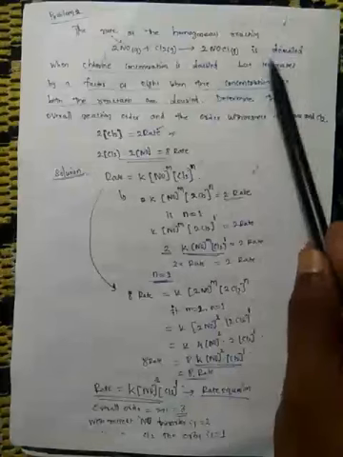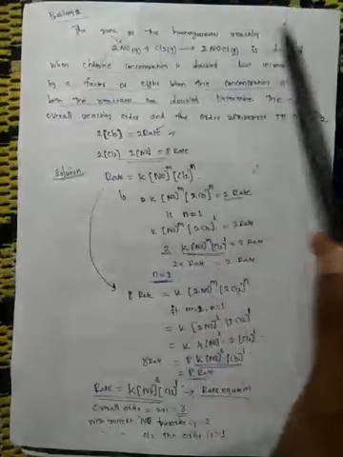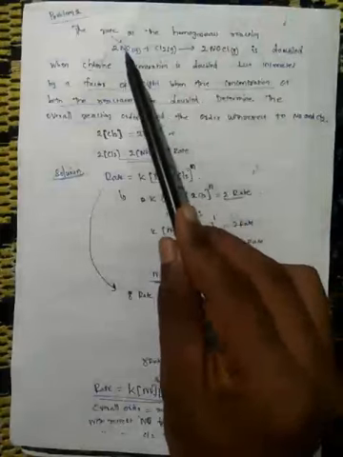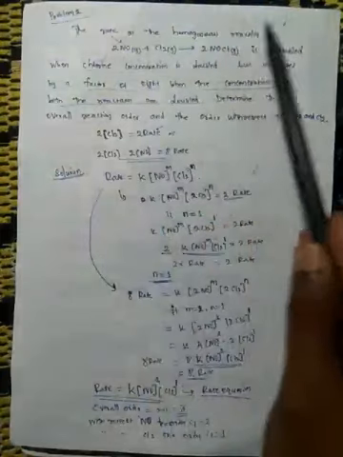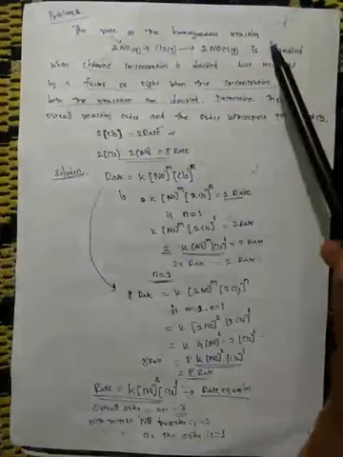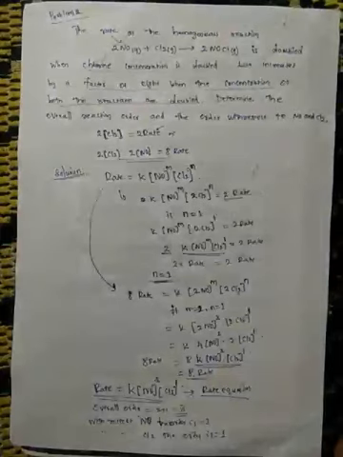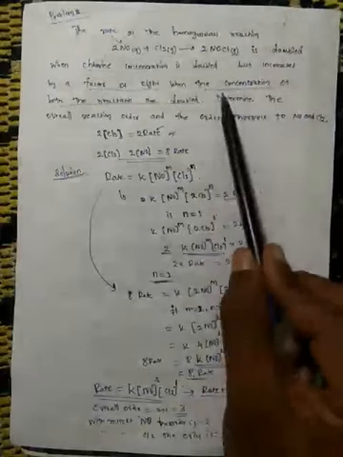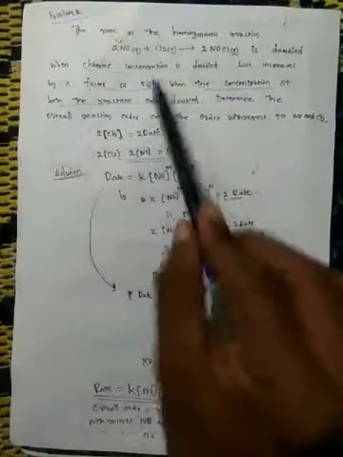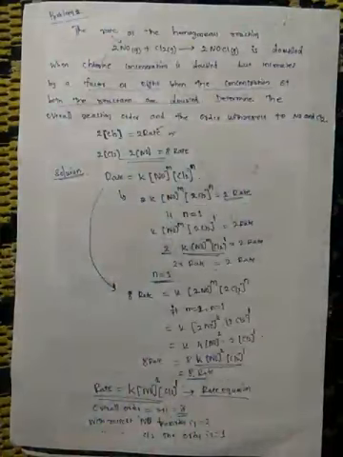When you double the concentration of chlorine, the reaction rate is doubled, and when you double the concentration of both reactants, the rate is increased by 8 times. This is the experimental observation, and from it you can find out the order of this particular reaction. A simple problem. Okay.